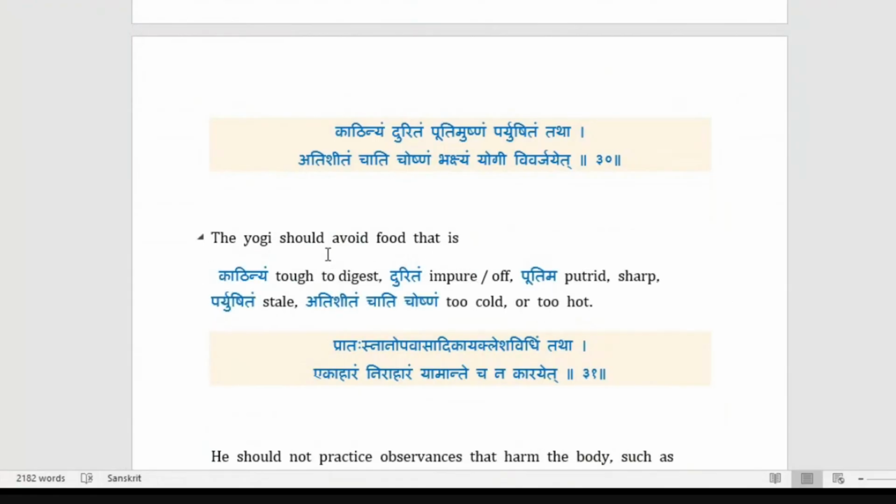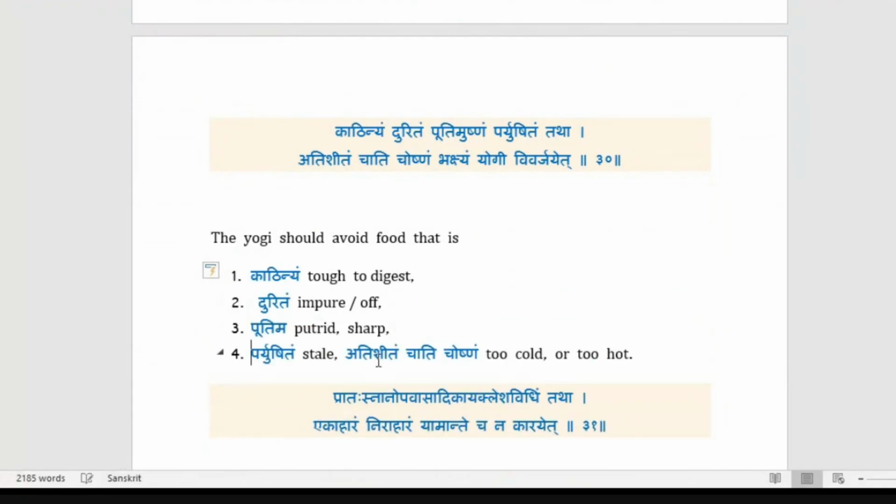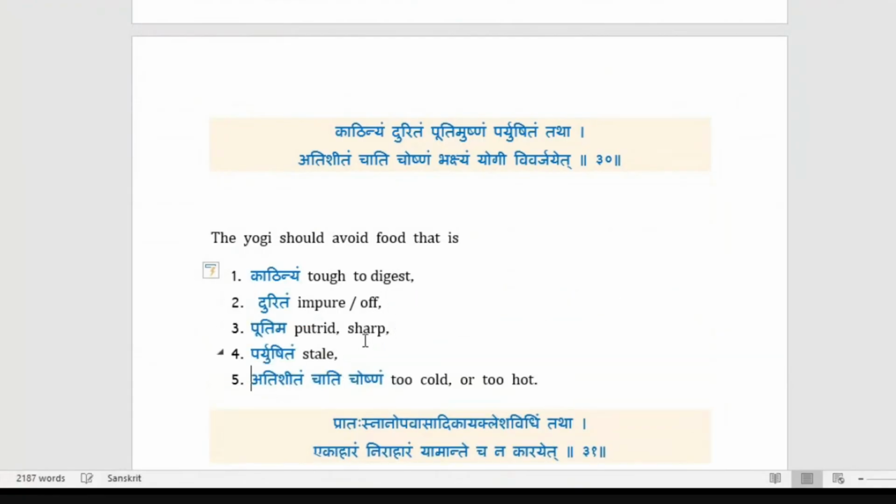Sukanya ji, tell me one by one the list of the foods that you should avoid. The yogi should avoid kathinyam, which is tough to digest, and duritam, which is impure. Putim, putim means what, ma'am? Putim means rotten, that which spoils, that is putrid.